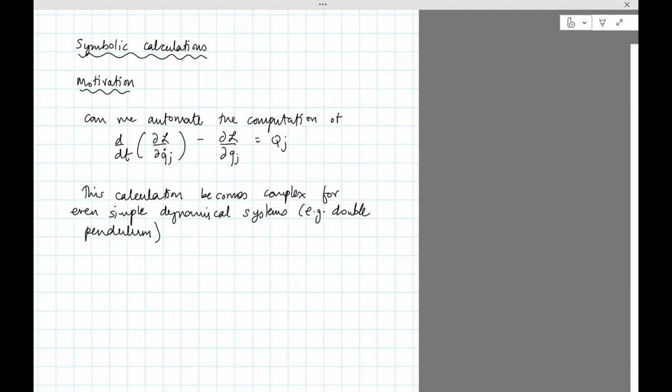In fact, we will actually derive the equations of a double pendulum.